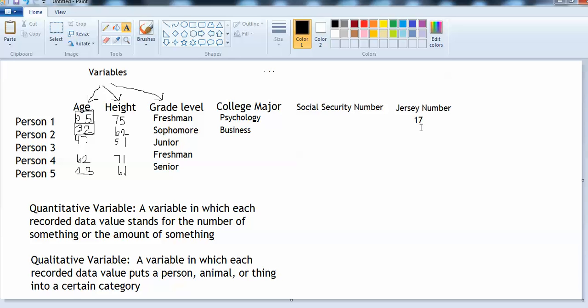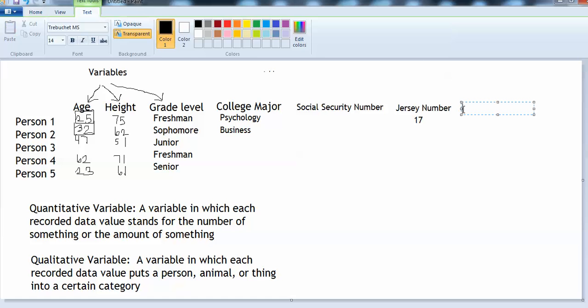It doesn't mean that the person has made 17 home runs or scored 17 touchdowns. It doesn't stand for the number or amount of anything. Once again, it's just a category of one person. Driver's license numbers also wouldn't be quantitative.